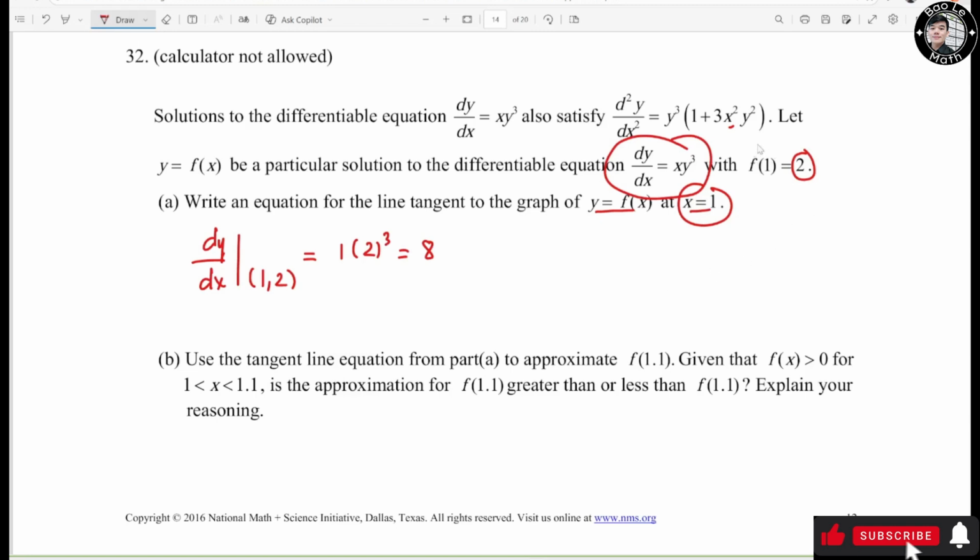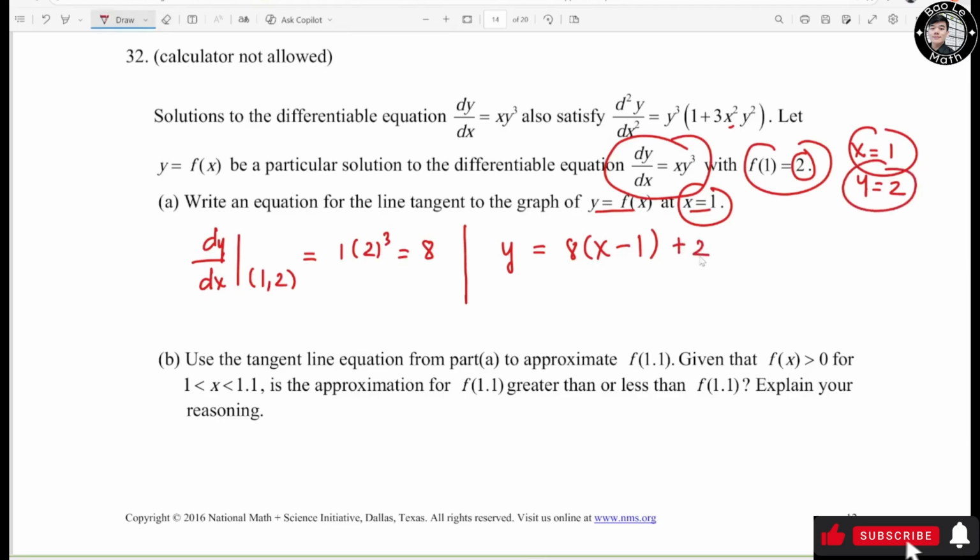Now you have the ordered pair right here. This is s equals 1, y equals 2. So we're going to use the point-slope formula, right? So we have y equals the slope 8 times s minus s1, which means 1 right here, plus y1, which is 2 right here, right?